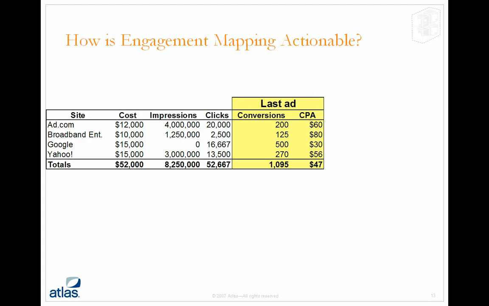You've got cost, impressions, clicks, and then you've got these last ad conversions, and from that you can calculate a CPA. And you see, for instance, that ad.com and Broadband Enterprises have relatively high CPAs, and Google has a very low one, and Yahoo is in the middle. So this is the view of the world right now that people are getting.